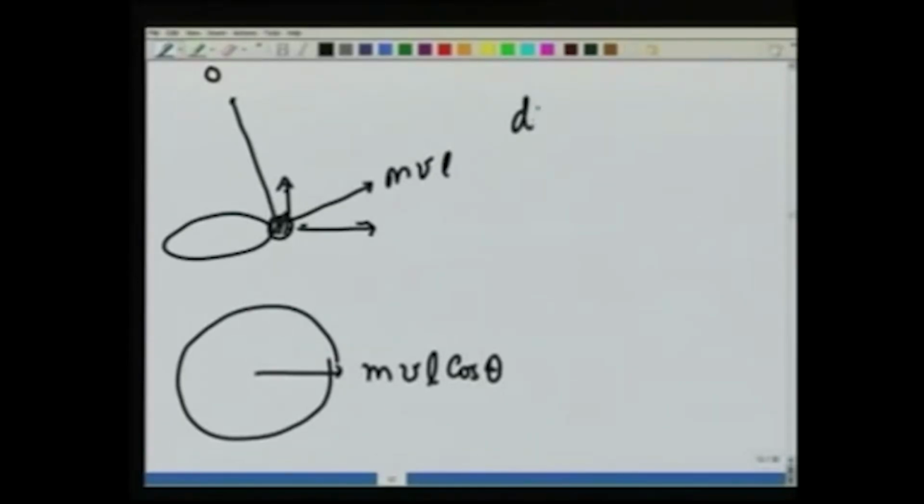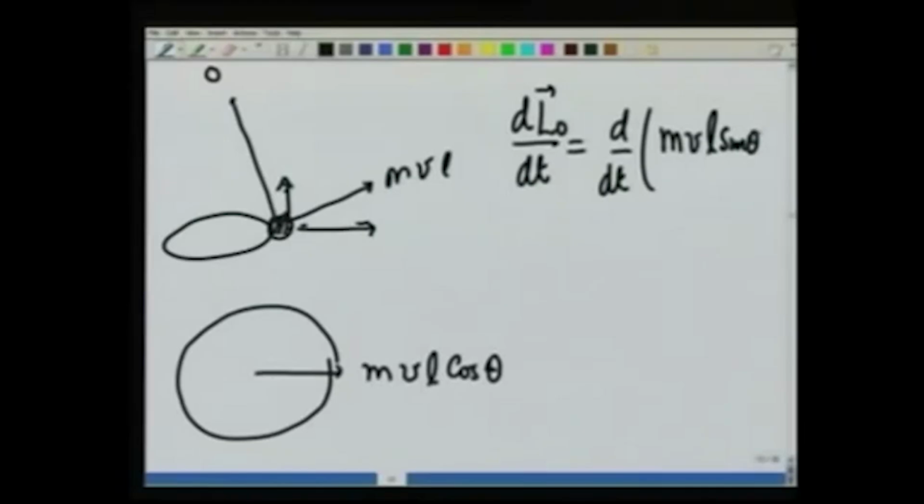So, dL by dt, L about O, is going to be d over dt of m v L sin theta z plus m v L cosine of theta r. In the first term, m, v, L, theta, z are all constant, so this derivative is 0. In the second, m v L theta are constant, but the r unit vector keeps on changing.